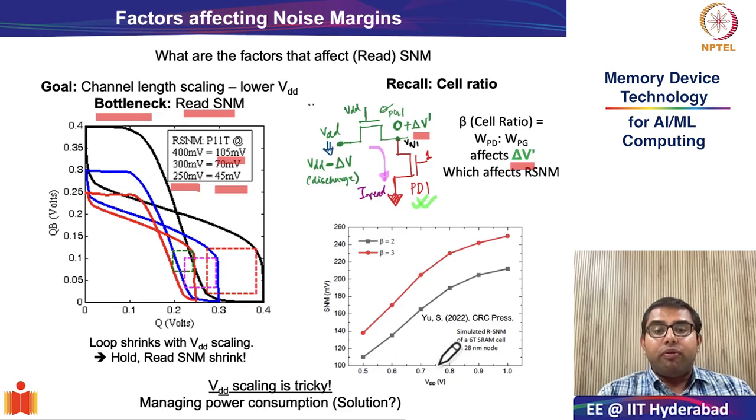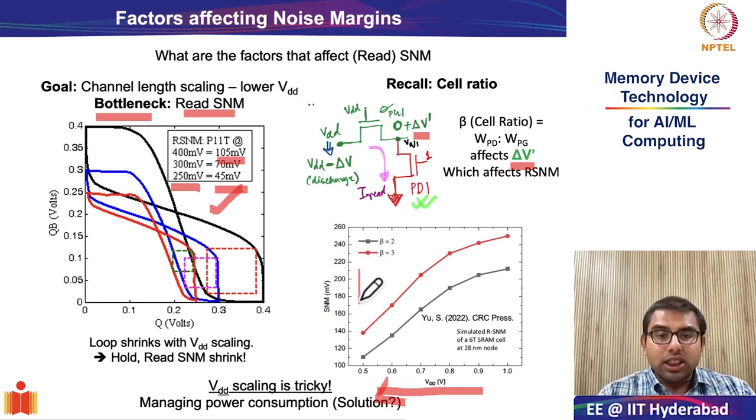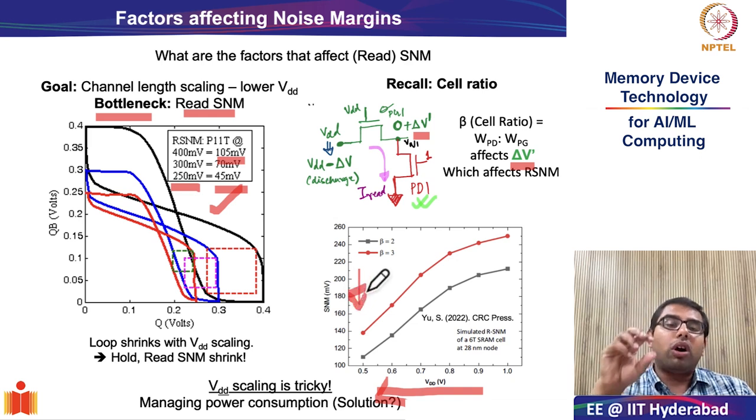Of course, as we see in this figure, the x-axis is supply voltage. As we are reducing VDD, the noise margins are also coming down. Why? Because the size of the hysteretic loop or the VTC characteristics or the butterfly loop is also shrinking.